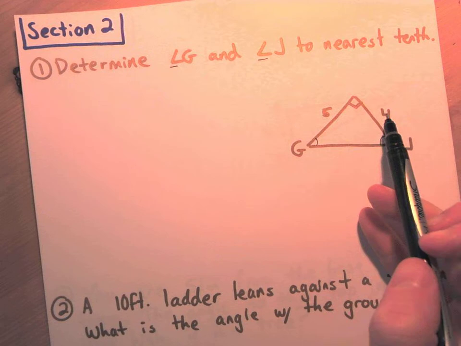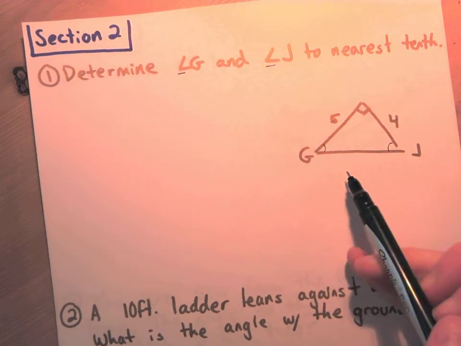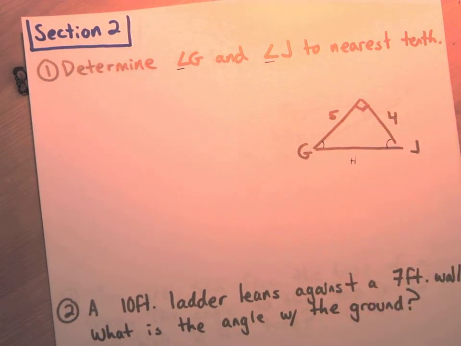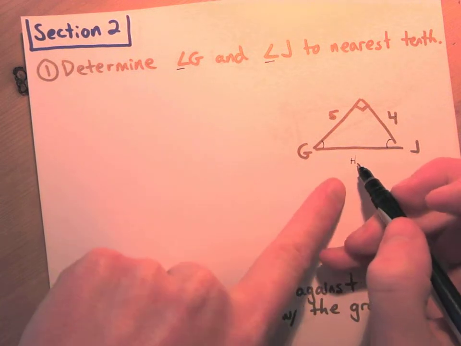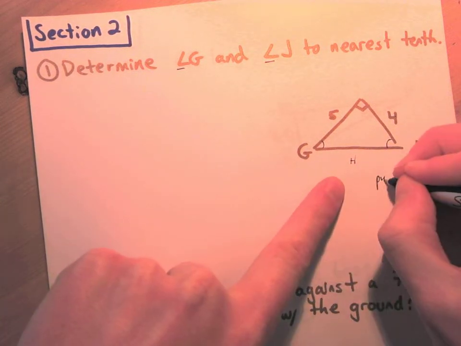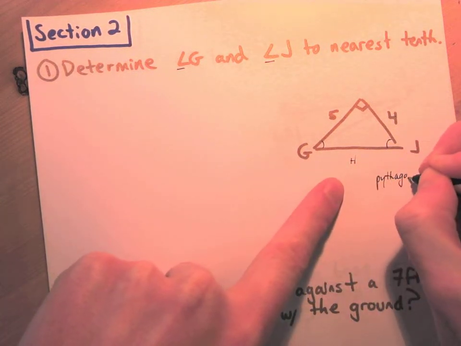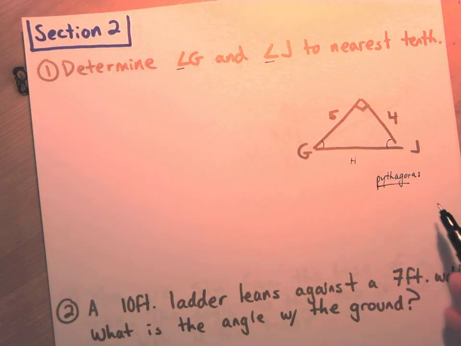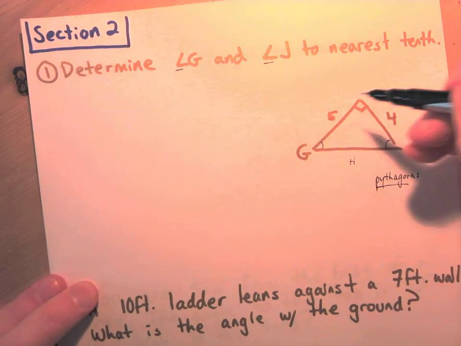We know that we have numbers there and there. We don't want to use H, which is across from the square, because there's no number there. We always could find that H by using Pythagoras, but why would we do that when we already have two pieces of information? So let's not use Pythagoras. Let's just look at the 4 and the 5 there.